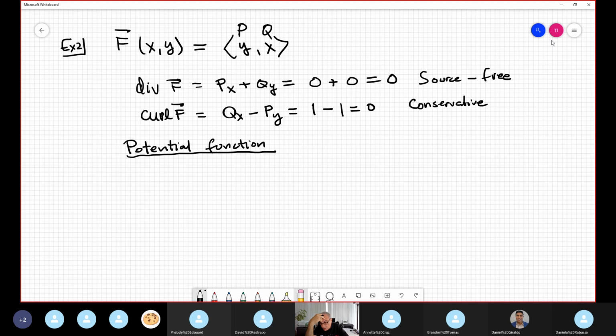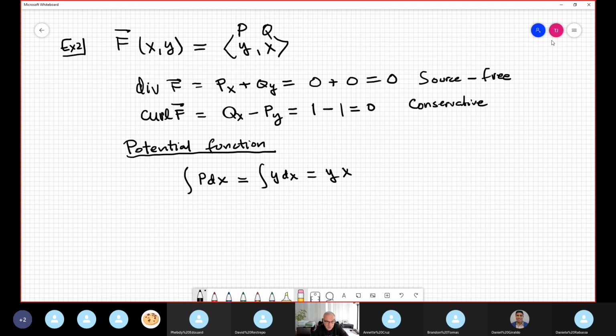So you find the antiderivative of P with respect to x, and the antiderivative of Q with respect to y. Let's do it. The antiderivative of P with respect to x, in our example, is the integral of y dx. With respect to x, you consider y constant, so y stays outside and the antiderivative of dx is x. It's only xy plus something; I don't care about the plus something, it is not important, guys.